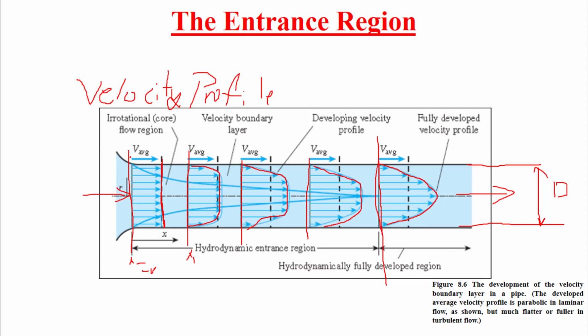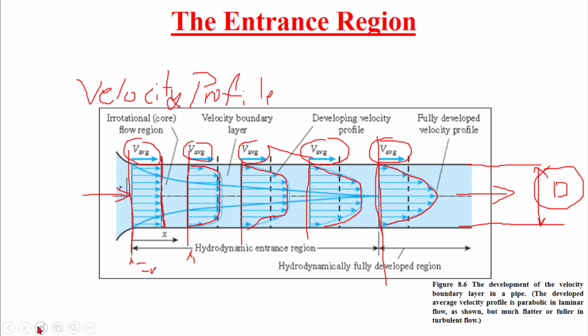One thing is very important to notice: yes, we have constant pipe diameter, and we have incompressible flow, of course. Then V average for the whole pipe length is constant. Okay, it will not change. Its value will not change.